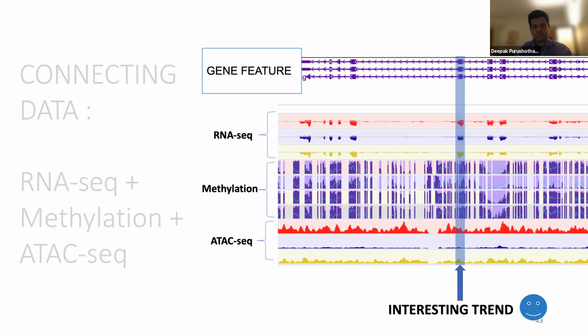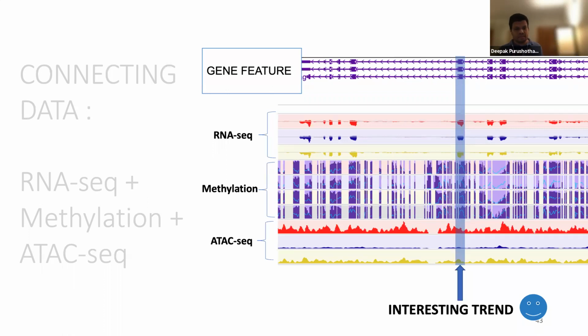Then on the exonic region, I spot some interesting trends. It's interesting because I see something that I was expecting, and it all matches. I see some expression, and the methylation matches up.